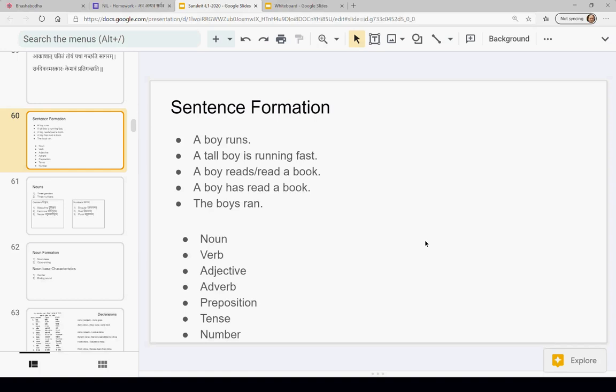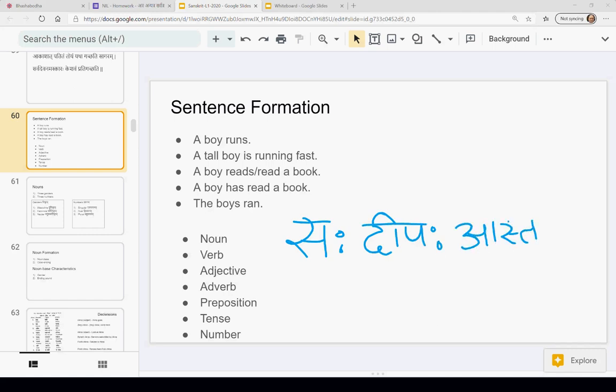So right now we are looking at very simple sentences. For example, when we say Saha Deepaha Asti, what's the meaning here?